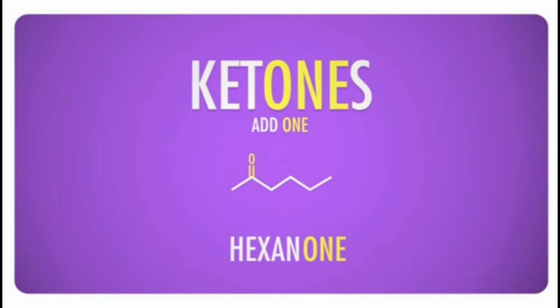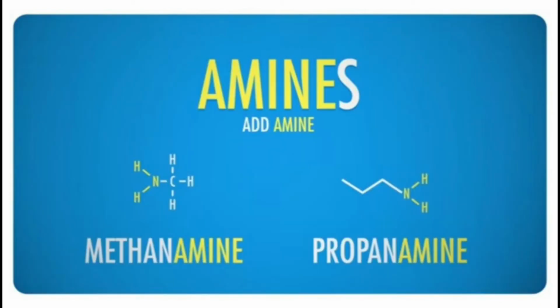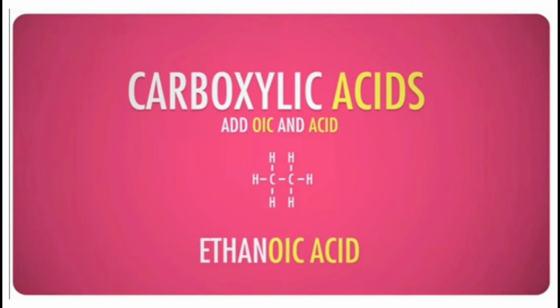For ketone, add "one", O-N-E. Hexane becomes hexanone. For amines, straight away add "amine", like methanamine and propanamine. For carboxylic acid, add "oic" and "acid" to the name, so it becomes ethanoic acid.